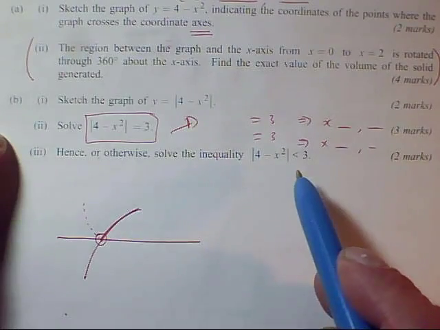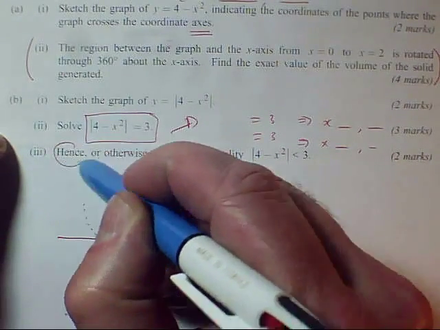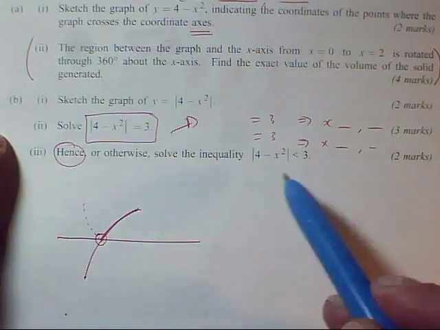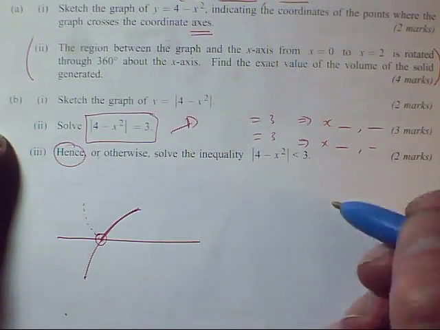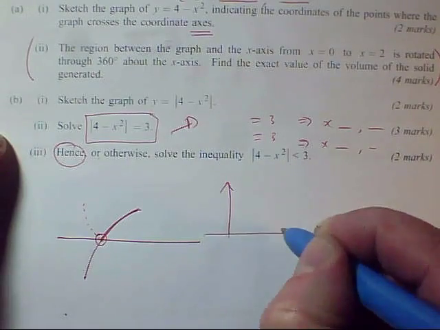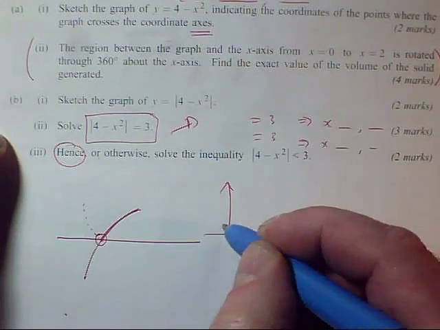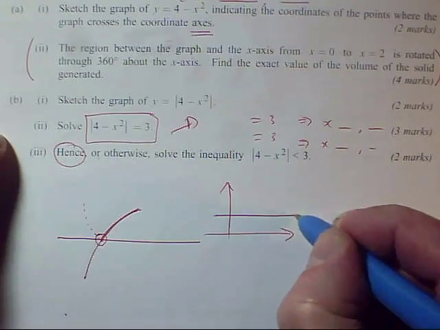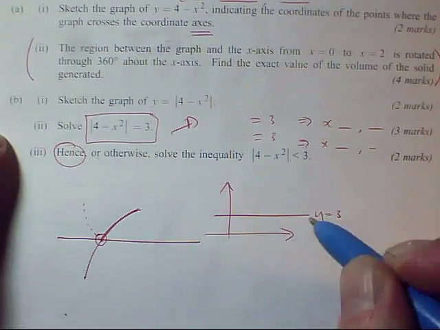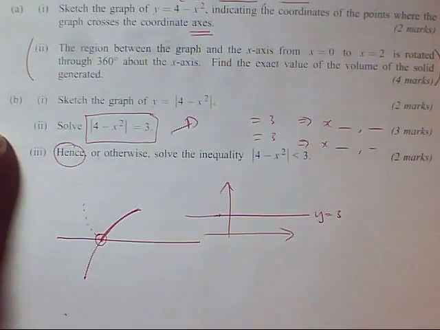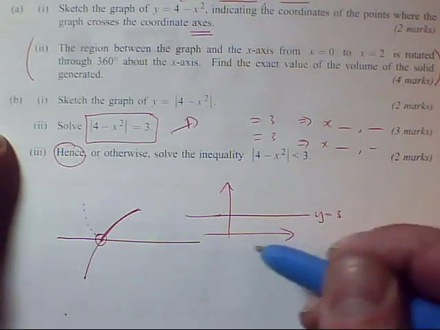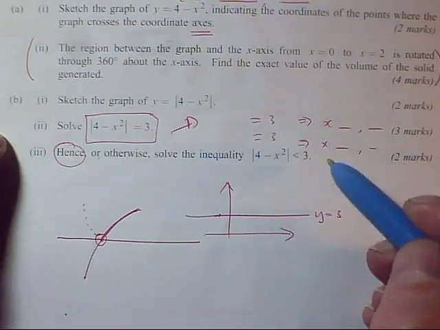And then hence or otherwise solve the inequality. Well, hence actually refers to both of these. We know where this equals 3 from part 2. If on a copy of the sketch you drew, you draw the line y equals 3, then the modulus graph crosses this line at potentially these four places.